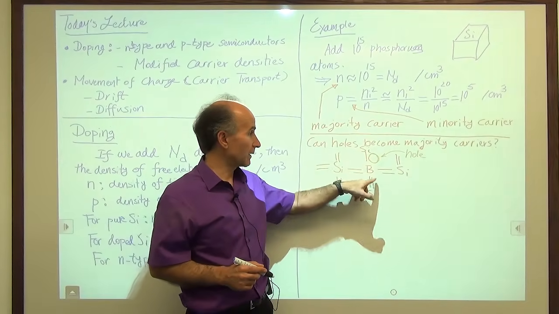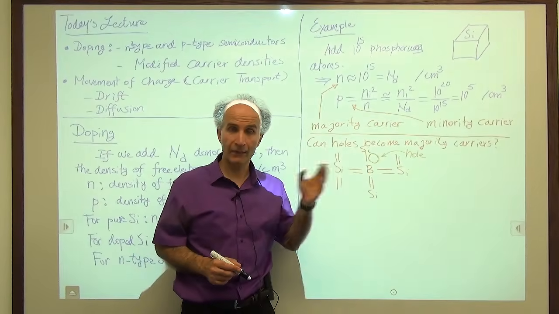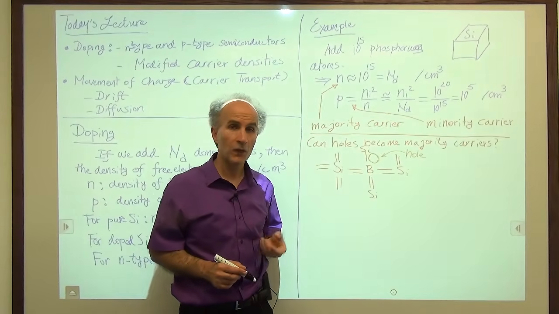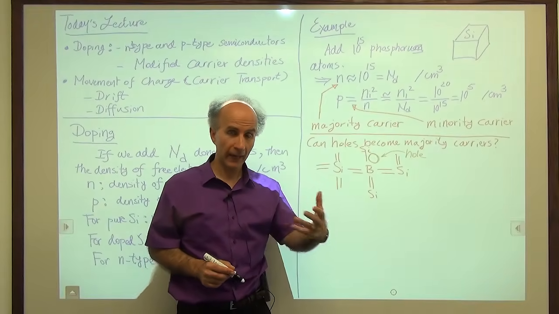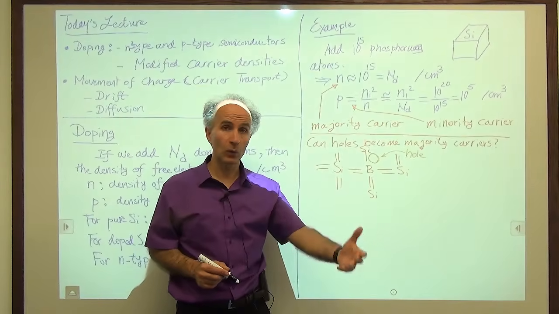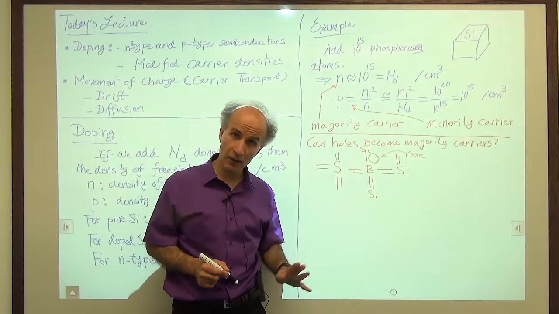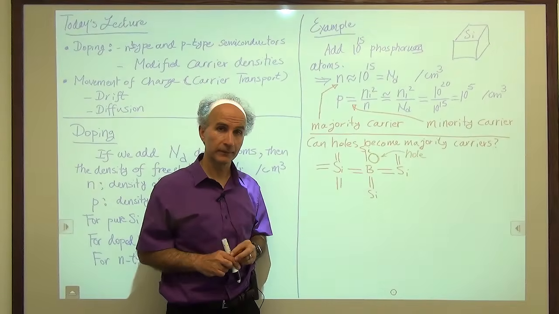But in this case, this hole is created simply because boron doesn't have an electron to share. So if we add a certain number of boron atoms to silicon, we create that many holes in silicon, in addition to the intrinsic holes that pure silicon had.